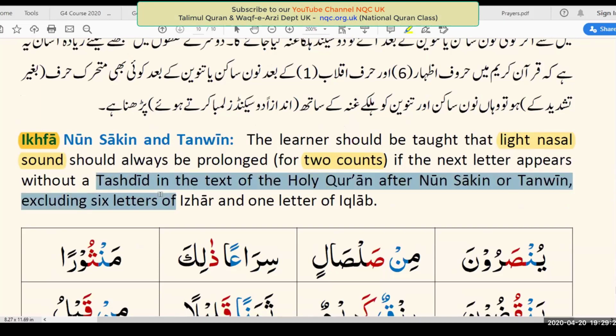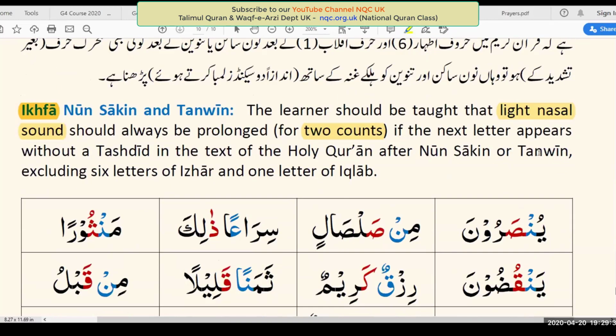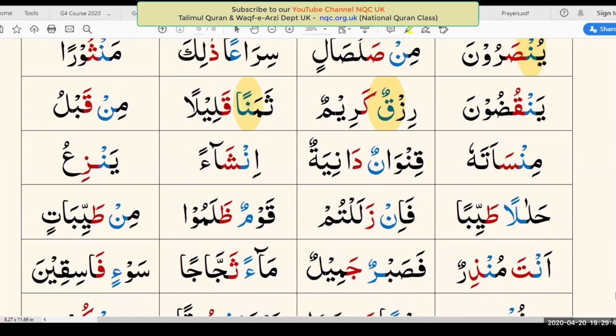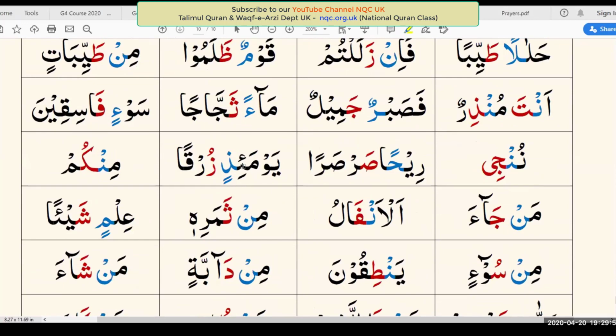So basically what it means is, if the noon sakin or the tanween, like noon sakin is the noon with the sukoon, tanween are double strokes, like double stroke of fatha are fathatain, and double stroke of kasra is kasratain here.